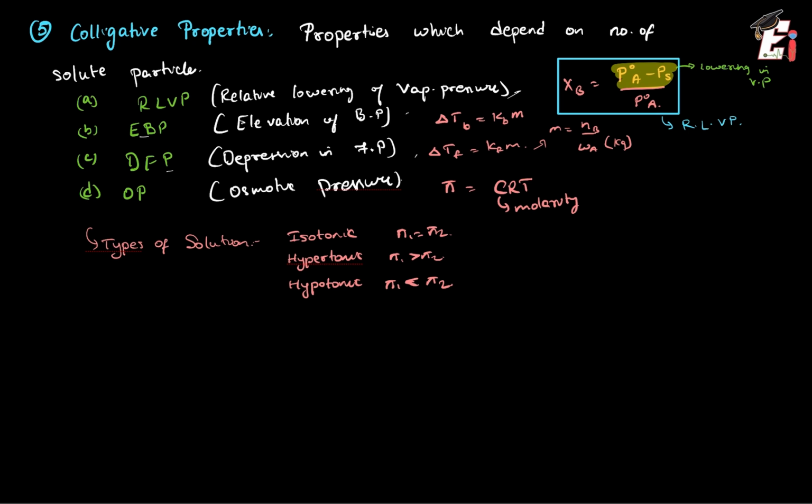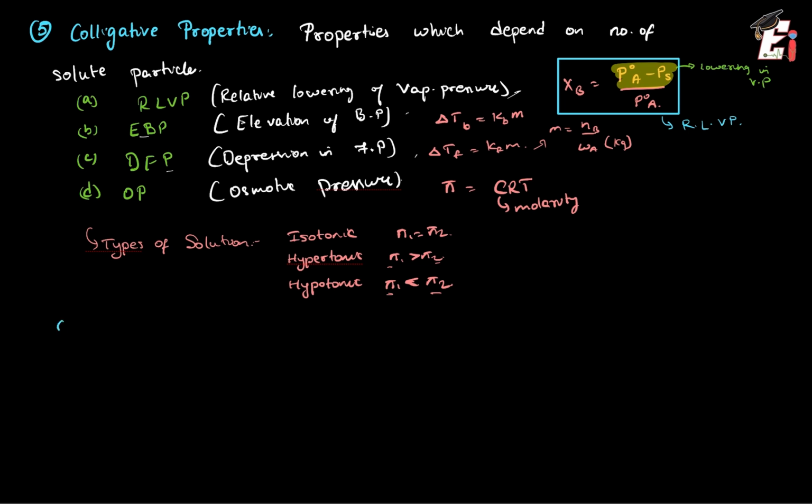So if 1 is hypotonic, 2 is hypertonic. Here 1 is hypotonic, 2 is hypertonic. Here 1 is hypertonic, 2 is hypotonic. So what is happening to pressure?